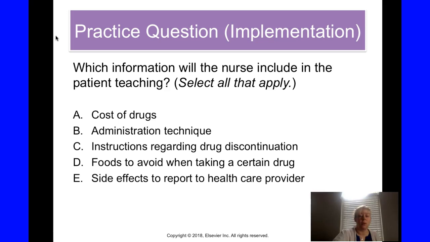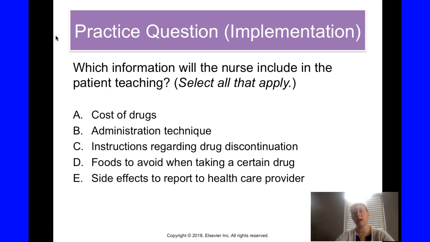Let's just say you are sending someone home with a prescription for amoxicillin. You're going to say, you're going to take this by mouth, with a sip or a couple sips of water. C, instructions regarding drug discontinuation. Yes, you're going to take it for 7 days.